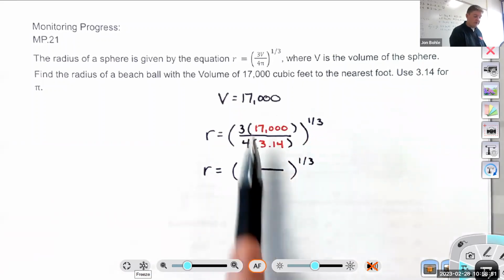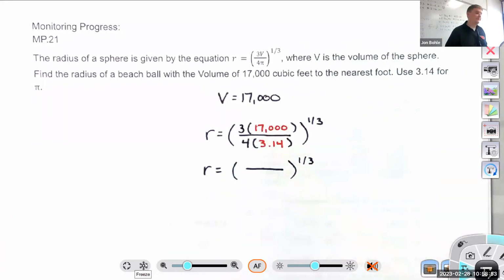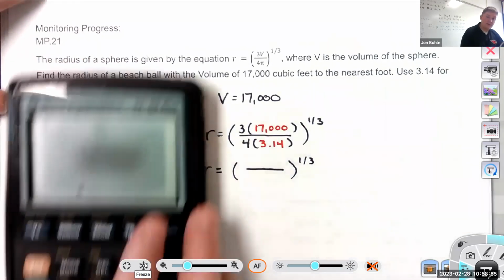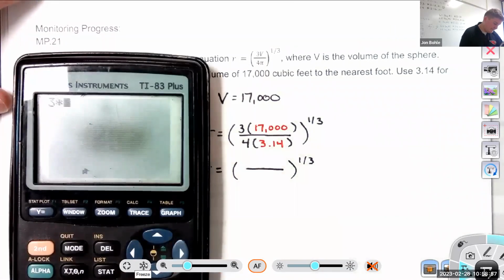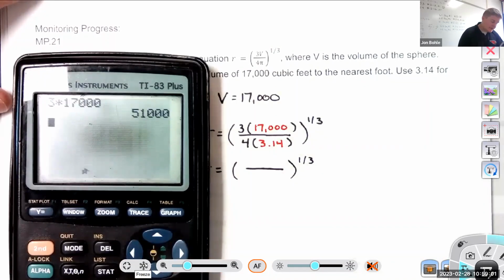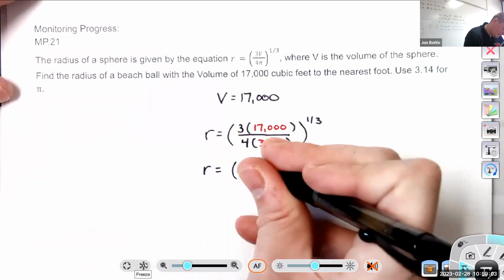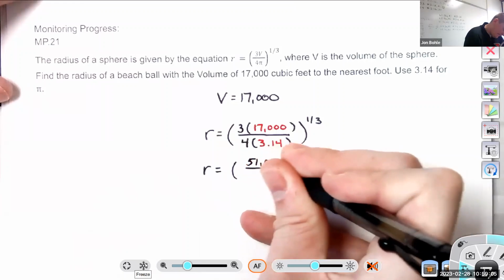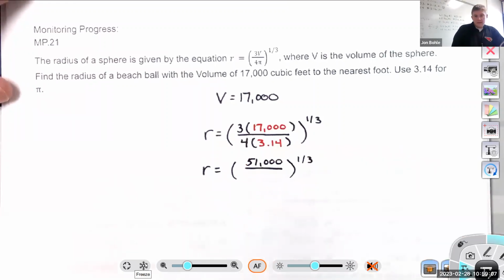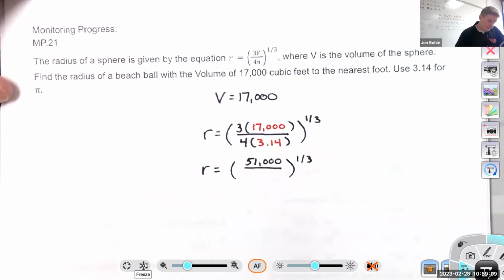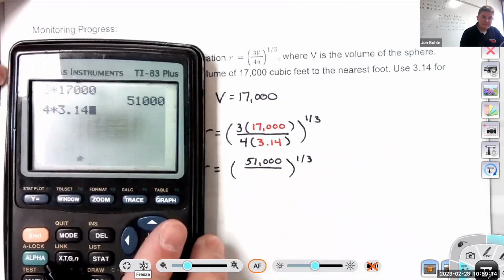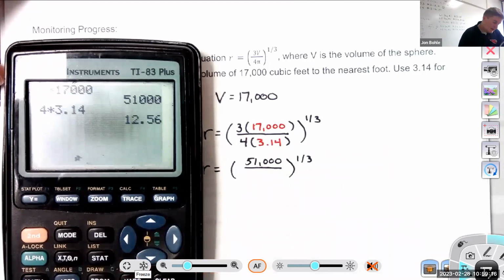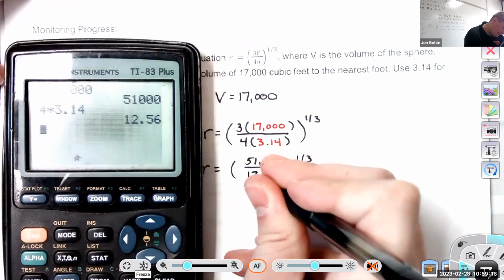Okay, now I'm going to go 3 times 17,000. Evaluate the top. 51,000. Then I'm going to evaluate the bottom. 12.56.